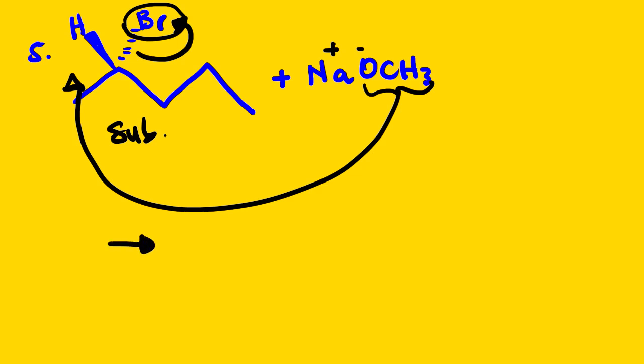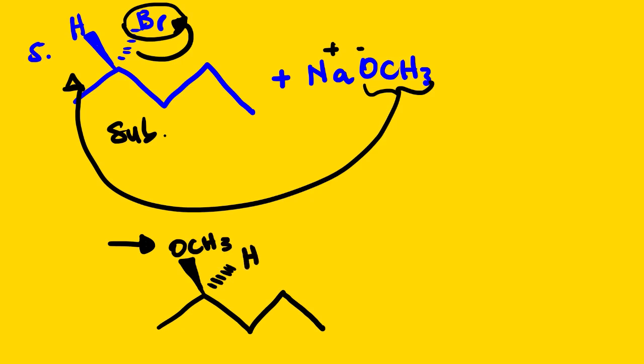And then the result, we are going to have our nucleophile that has replaced the leaving group and our hydrogen here, and then the leaving group will bond with our sodium here, so we are going to have sodium bromide.